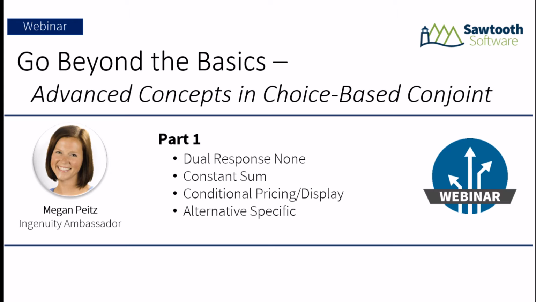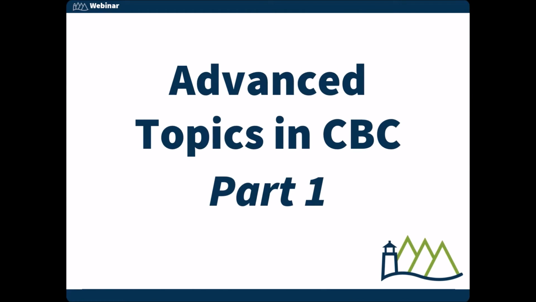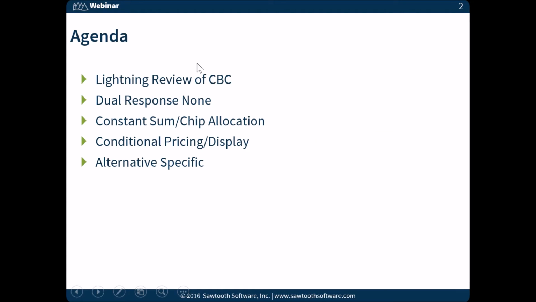So let's get started. We have a lot to cover today in part 1 of our advanced topics in CBC. We're going to do a lightning review of CBC. I recognize some of the names on our attendees list, so thanks everybody for joining.